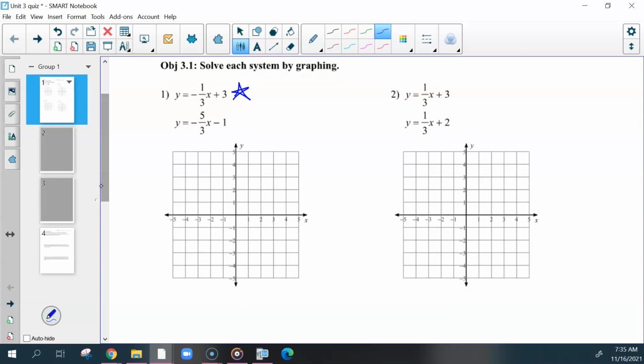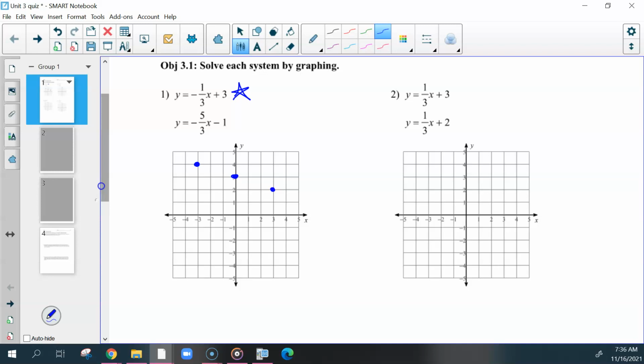So for this first one, we had a y-intercept of 3 and a slope of -1 over 3. So since it's negative, we can go down 1 and to the right 3, or we can go up 1 and to the left 3.